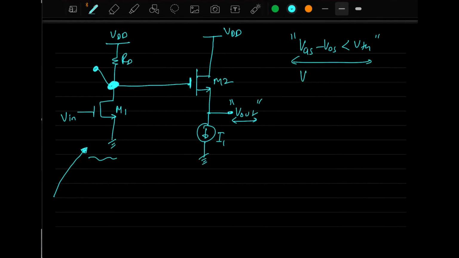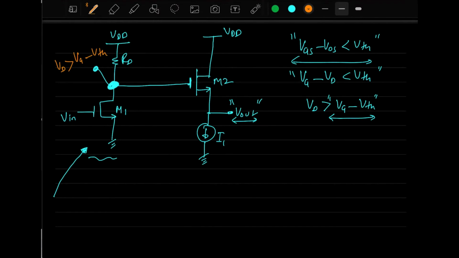So once you take VG minus VD less than VTH, what is the value of VD that is required? VD has to be greater than VG minus VTH for this MOSFET. So this value of VD has to be greater than VG minus VTH. This is okay, no problem.